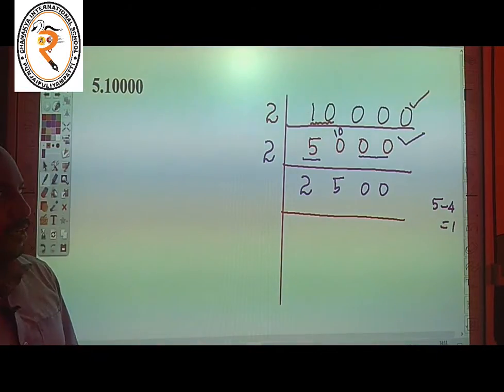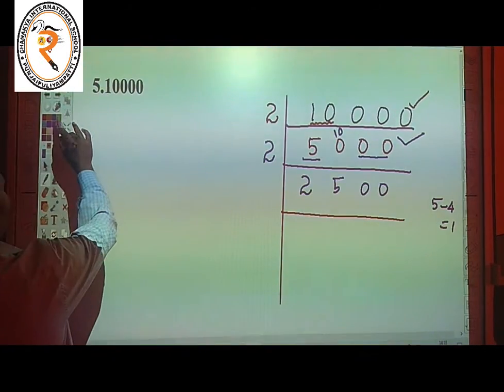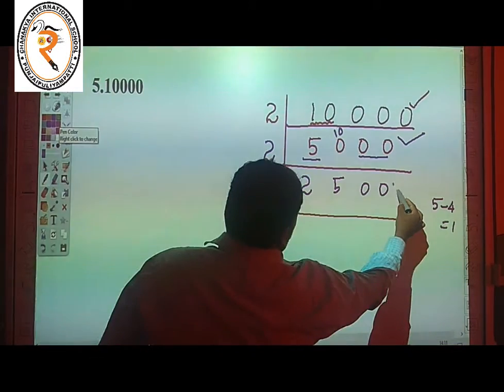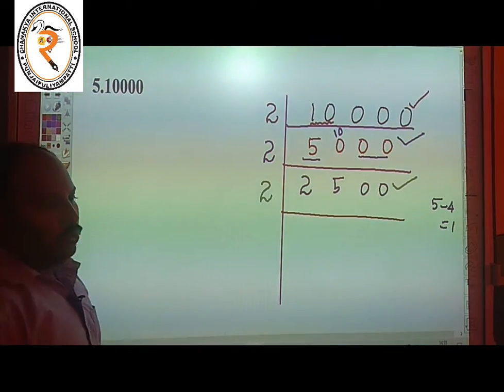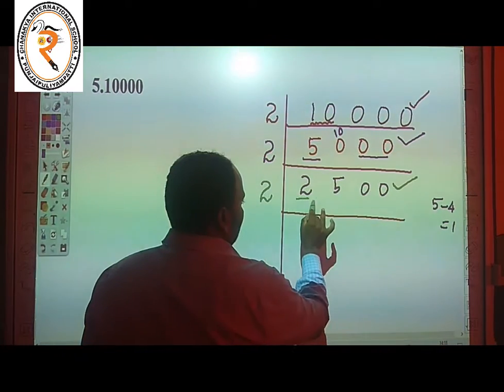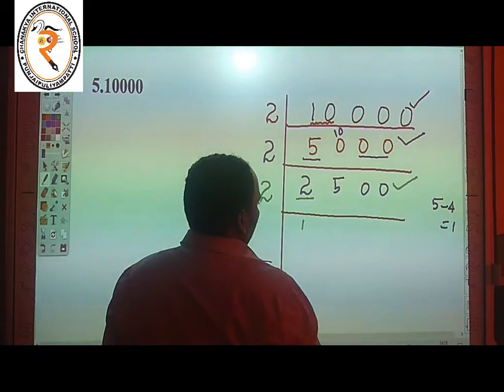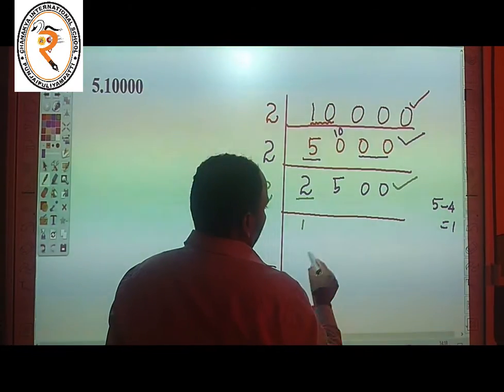Next one also, the last digit is 0, so we take the first prime number 2. Here the first digit is 1. 1 into 2 is equal to 2.